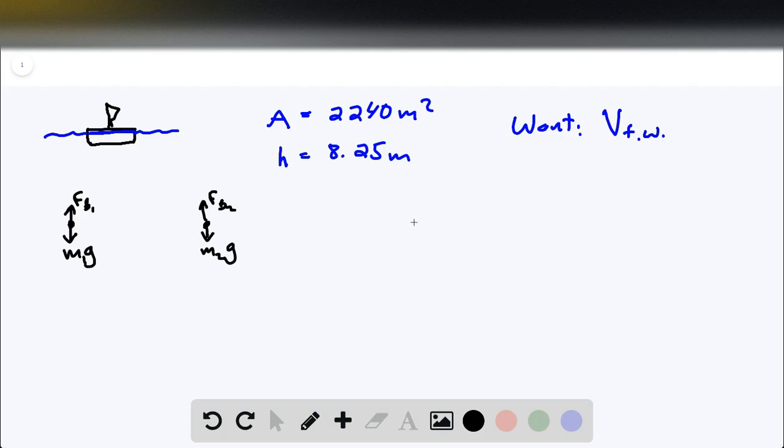And we can write down the buoyant force always using Archimedes' principle. So in general, that's the mass of the water displaced times g. So it'll be the density, and here we're talking about salt water, which I'll label SW, times the volume, which I'll label V1 in the first case.